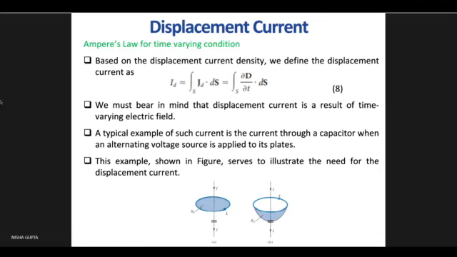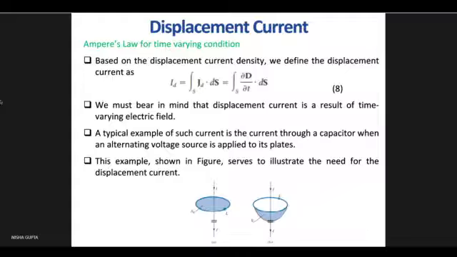Now let us try to understand this concept of the displacement current. It can be very well understood by considering a simple circuit which consists of a capacitor. Believe me, whenever you go for an interview and they ask whether you have studied electromagnetic theory, and you say yes, I have taken this course, it is 99% certain that people will ask you the concept of displacement current.